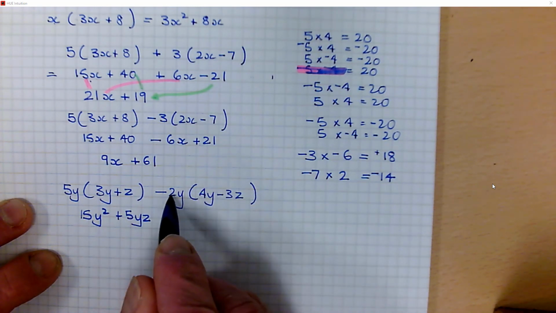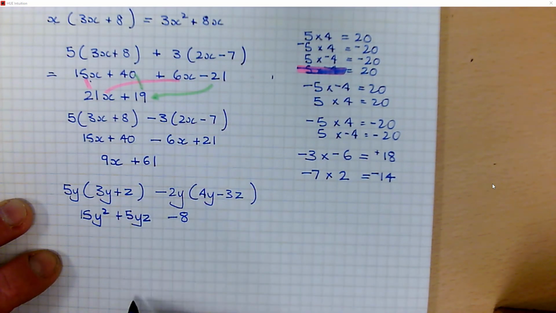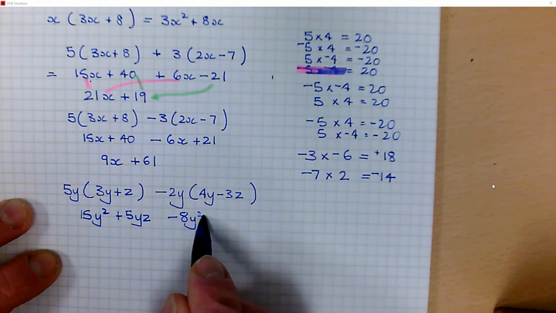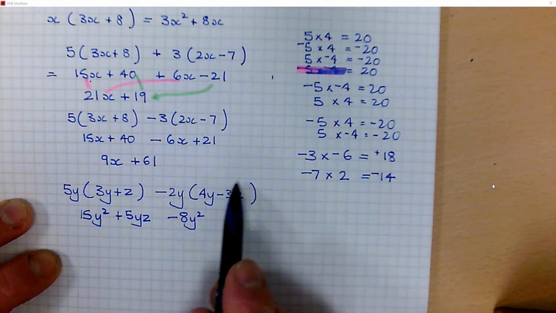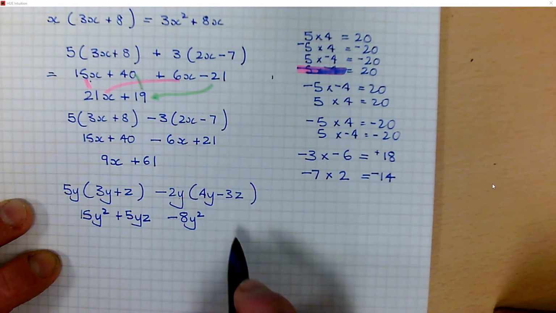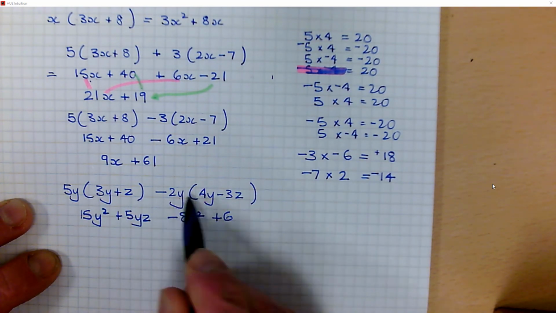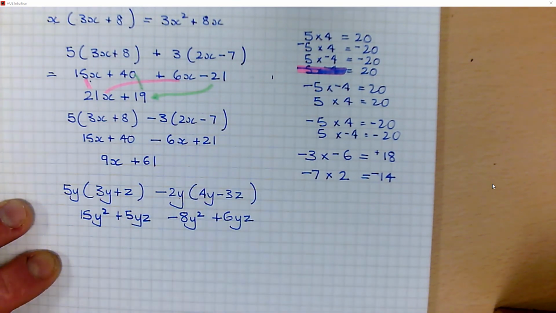Okay. So minus 2 times 4 makes minus 8. Y times y makes y squared. Now, minus 2 times minus 3z. Minus 2 times minus 3 makes plus 6. Y times z is just yz.